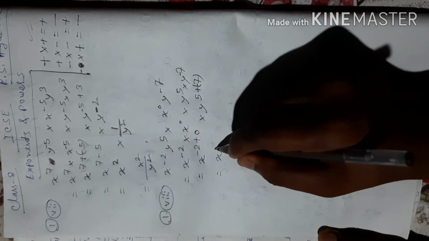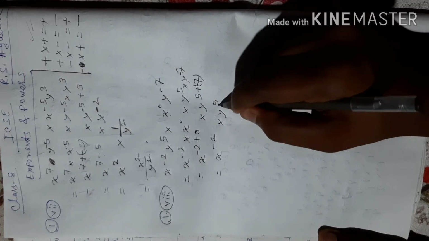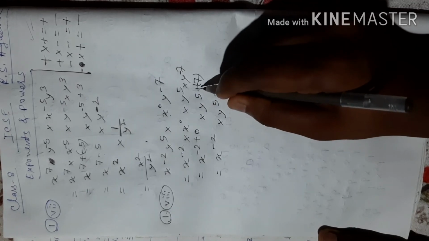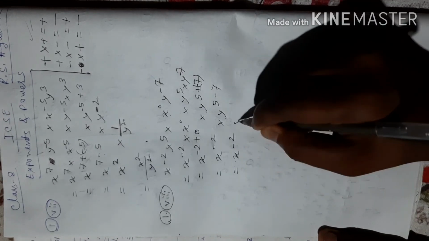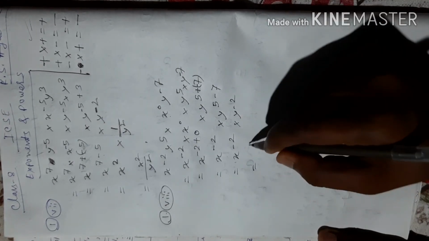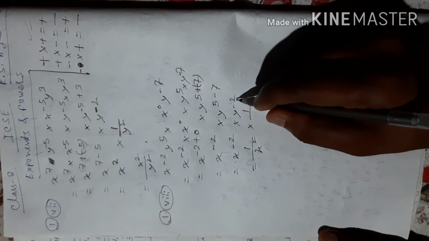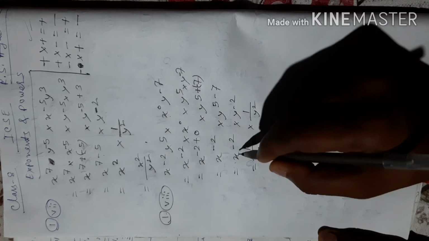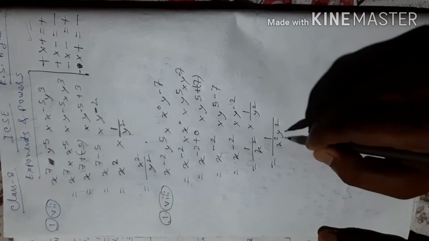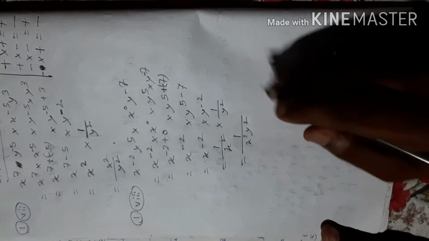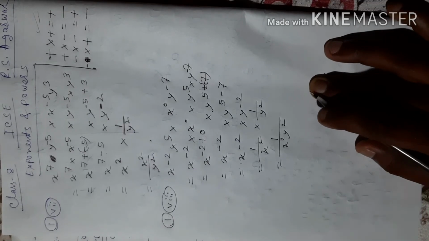So plus minus, when we multiply plus and minus, then minus is there. So y to the power minus 2 equals 1 by y square, x to the power minus 2 is 1 by x square, so 1 by x square y square. Next math.